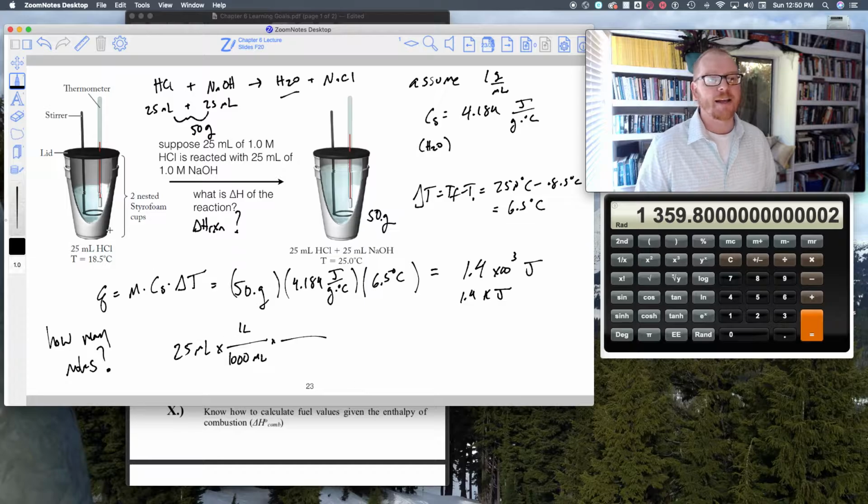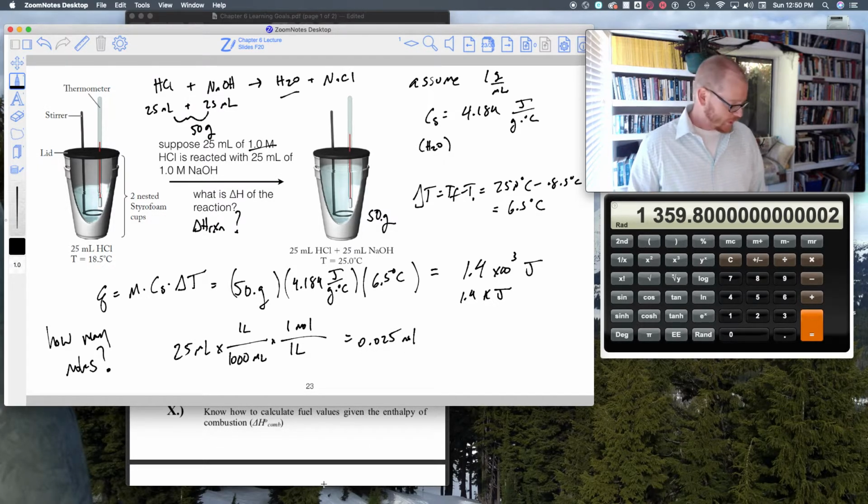I was told that it's 1.0 molar HCl, and so that means in 1 liter, there's 1 mole. So 25 divided by 1,000 times 1, I get 0.025 mole of HCl reacted, or of NaOH reacted, because they're the same in this problem.